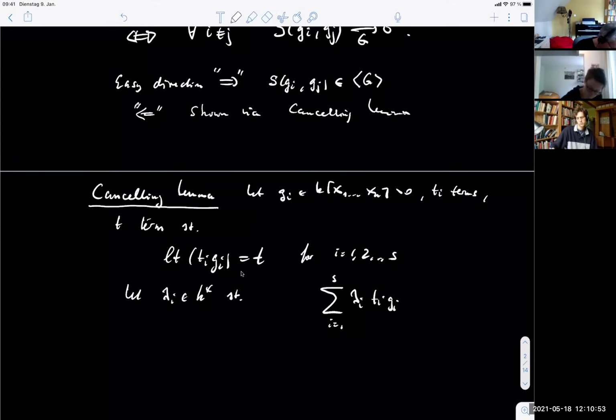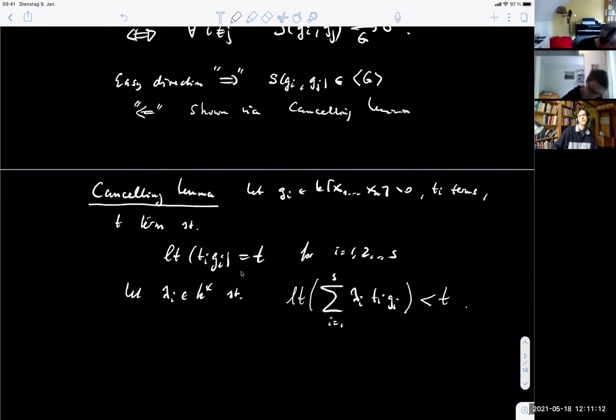I can express this by saying the leading term of this linear combination is strictly less than T. Of course, a term order is always chosen. All these notions make sense only with respect to a chosen term order. So this is the canceling of T.